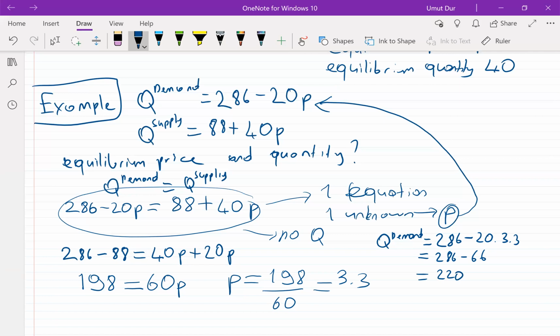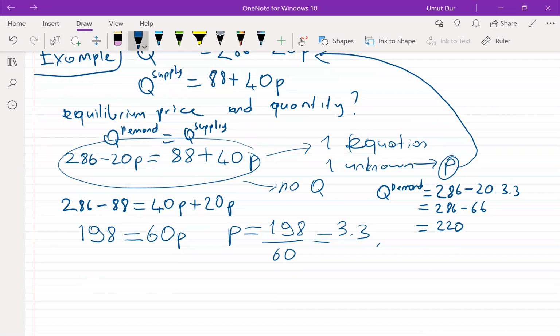In order to verify that we are doing something correct, let's put the same price into the supply. You don't have to do it for both. It is enough to do it for one, but I just want to verify it. This is 88 plus 40 times 3.3, which is 132, which will give us 220.